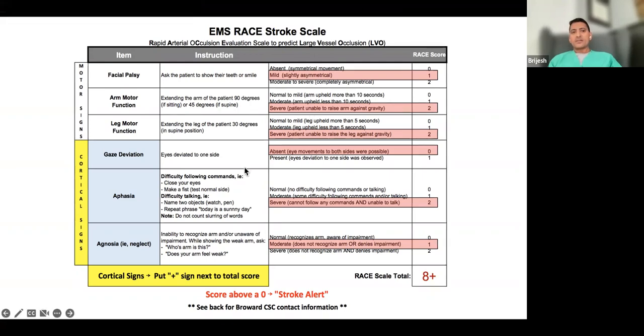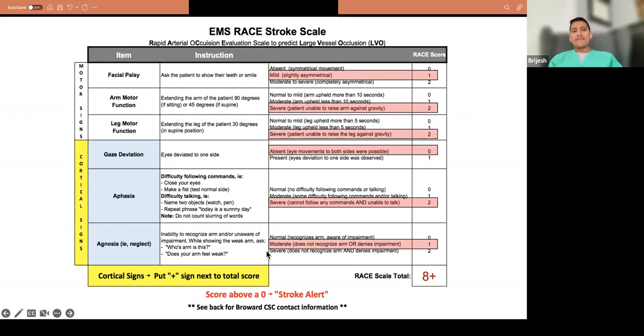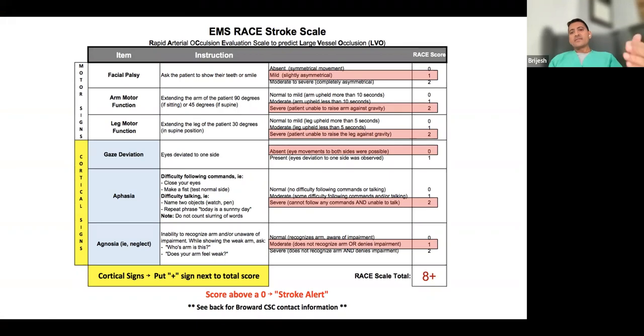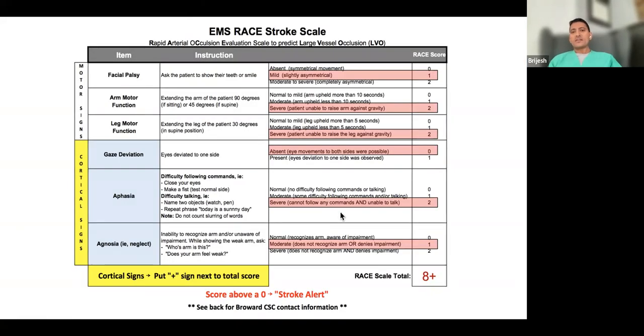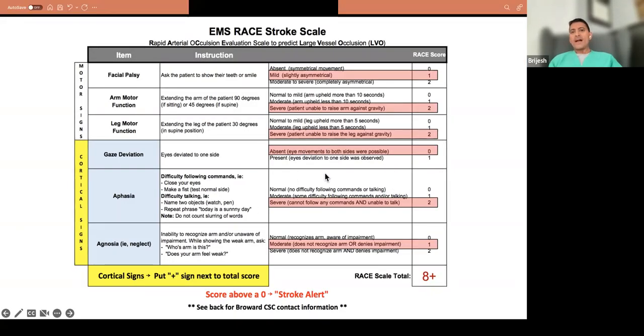And then in terms of the aphasia and agnosia, it gives it equal points to motor functions such as face, arm, and leg. So essentially, you can have a score above 5, which is typically the cutoff for suspected large vessel occlusion, merely by having face, arm, and leg weakness, 2, 4, and 6 points total if they have severe deficits in all 3 of the motor signs.